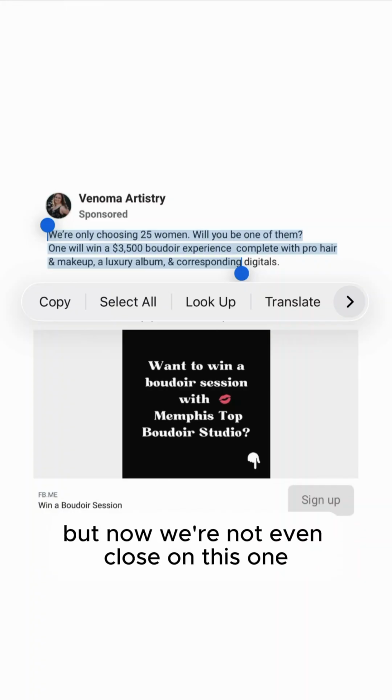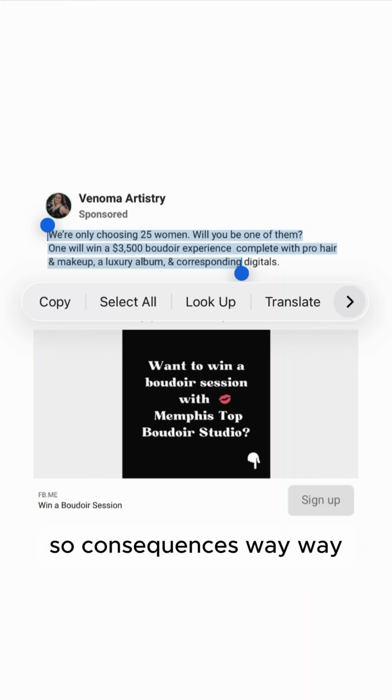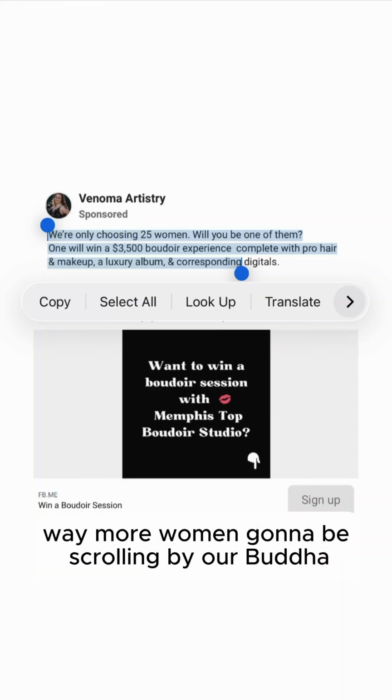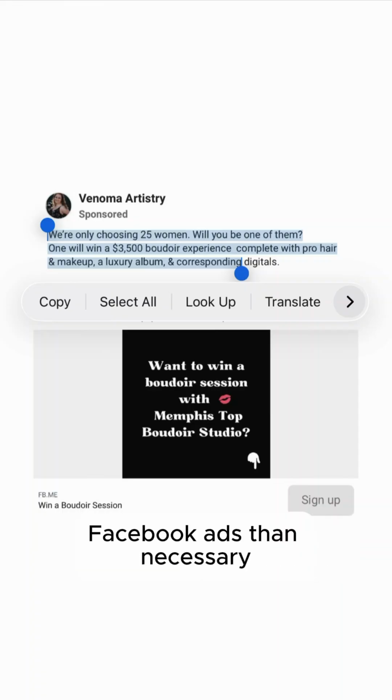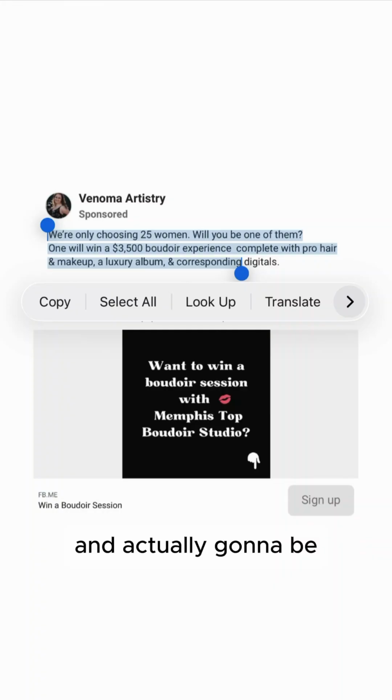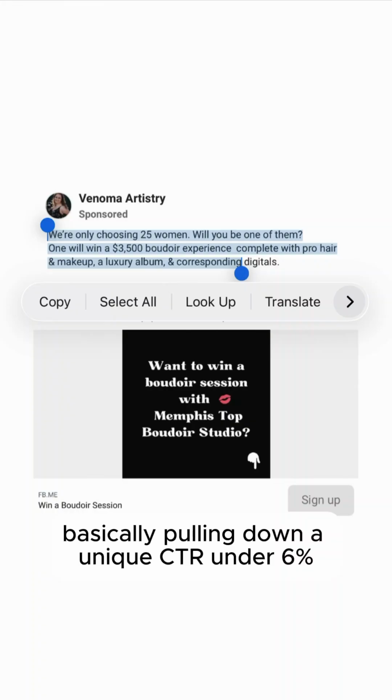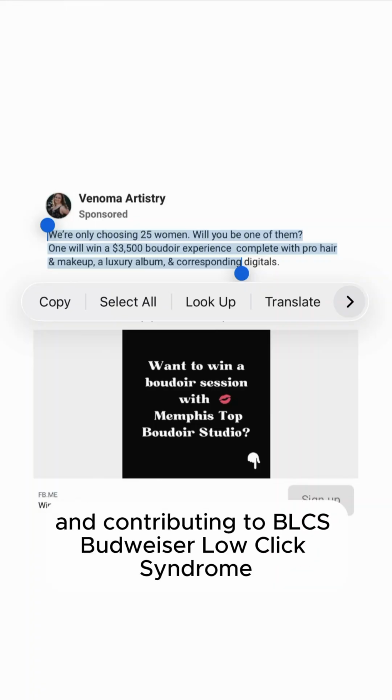But we're not even close on this one. So the consequence is that way more women are going to be scrolling by our Boudoir Facebook ads than necessary, pulling down our unique CTR under 6% and contributing to BLCS, Boudoir low click syndrome.